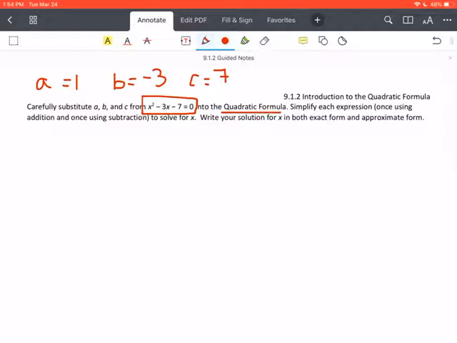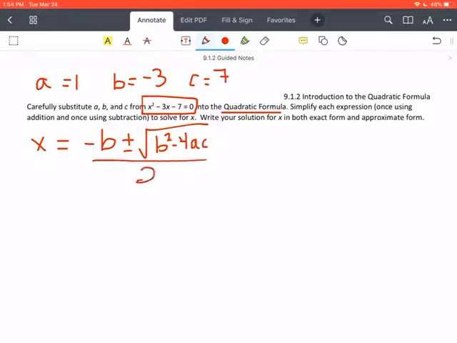We do not plug in variables. That's a common mistake that I see. So we want to go ahead and plug it into the quadratic formula. What is the formula? I'm going to do it again. X equals the opposite of b plus or minus the square root of b squared minus 4ac all over 2a.